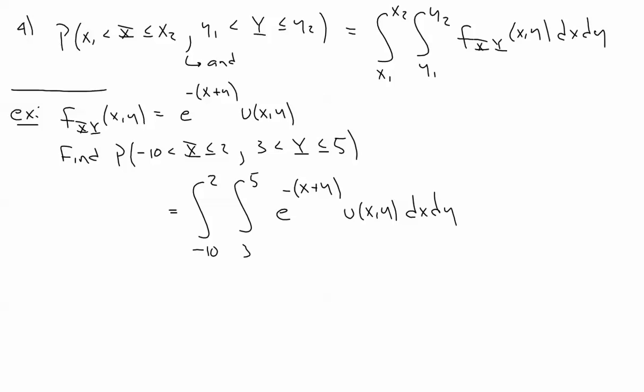I can get rid of that step function by letting my lower limit on x be 0. My joint probability density function doesn't exist for x less than 0. And that gives me integral from 0 to 2, integral 3 to 5, e to the minus x plus y dx dy.